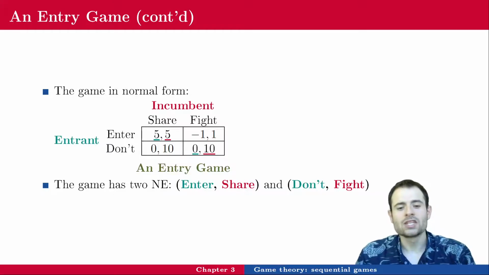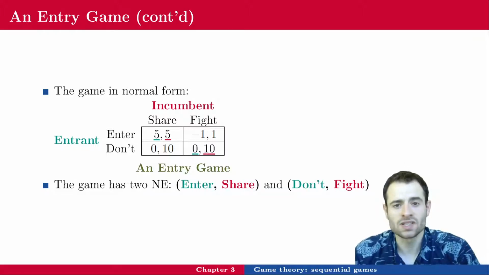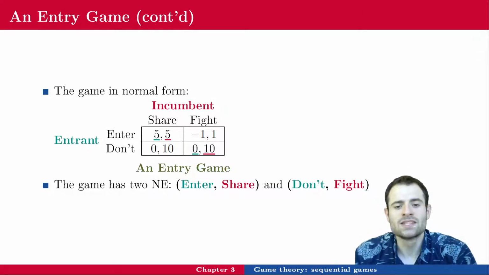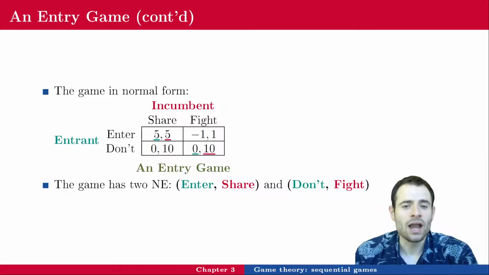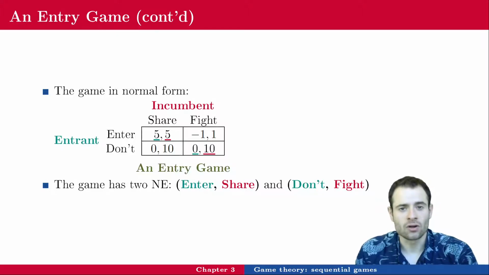It is reasonable to assume that both of these Nash equilibria are possible if they make these moves simultaneously. However, a game like that, in reality, is going to be sequential. First, we see if the entrant enters the market or not, and then as a consequence, the monopolist will decide to share or fight.